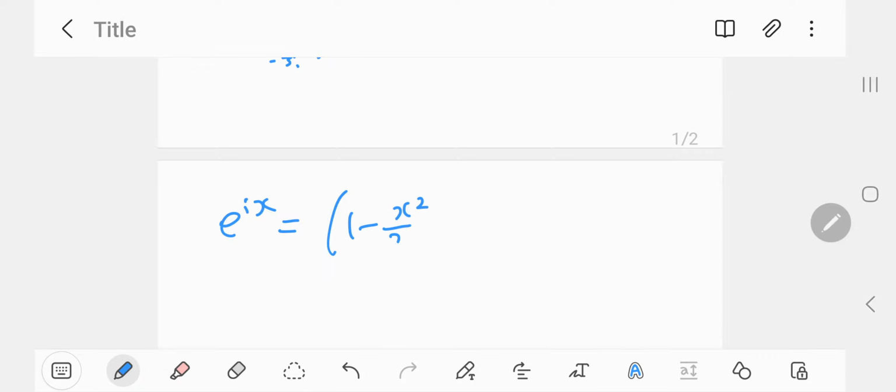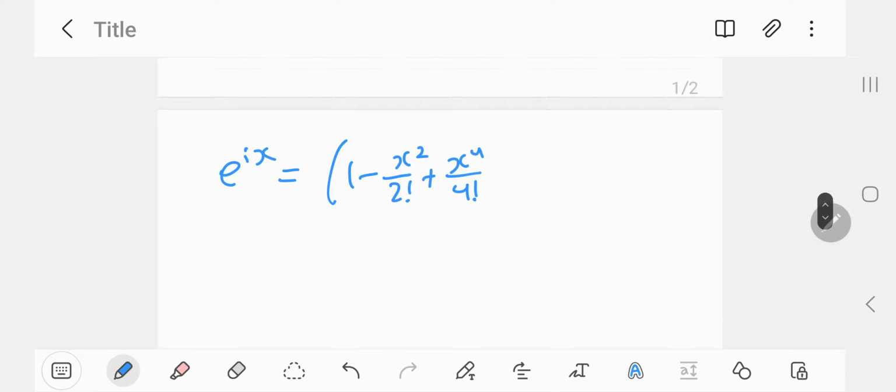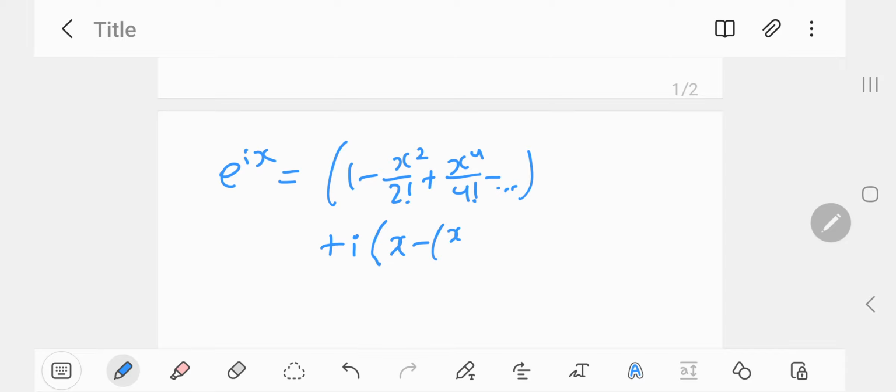So let's continue with our discussion on the Taylor series expansion of e to the ix. We can actually separate it out and put the imaginary terms together. If you were to expand it further than I did here, beyond the ix cubed over 3 factorial, you get something like this: minus dot, dot, dot, plus i times x minus x cubed over 3 factorial plus x to the 5 over 5 factorial minus dot, dot, dot.